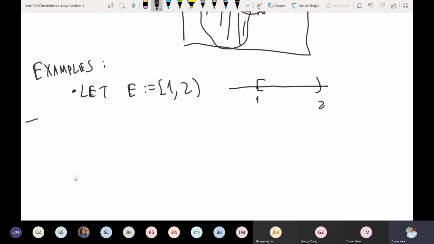Then one interior point is x naught equal to 1.5. Why is that?